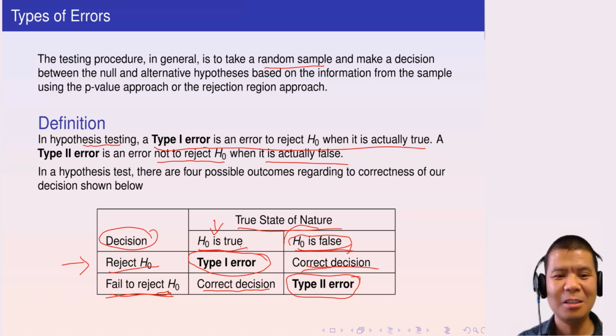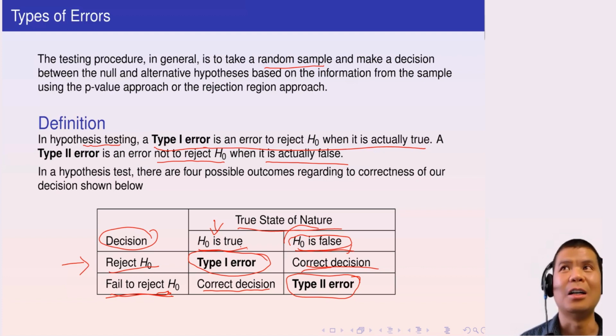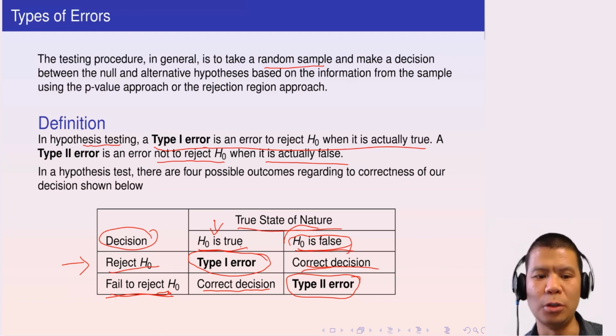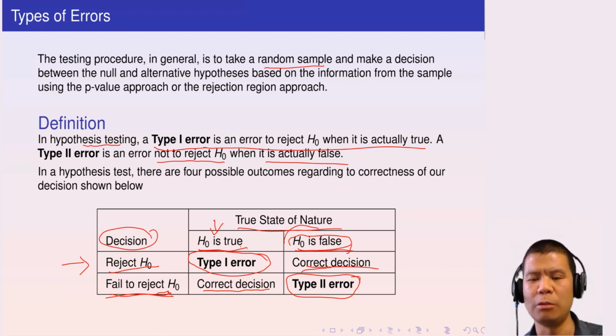This is a type 2 error because the hypothesis is false, her birthday is not on July 17th, but I failed to reject it.